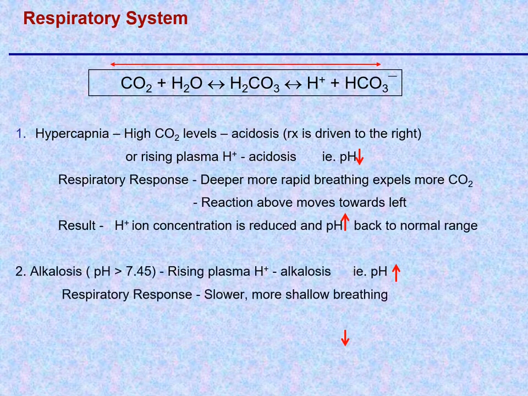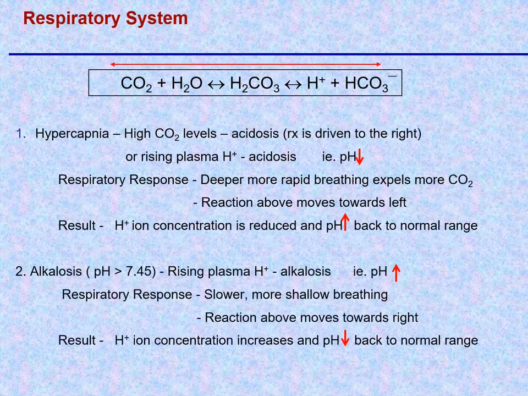So the respiratory system could shift things either way, and that's shown here. Let's go through a few basics. This reaction can go in either direction, from right to left or from left to right. It depends on what is built up in higher concentrations.